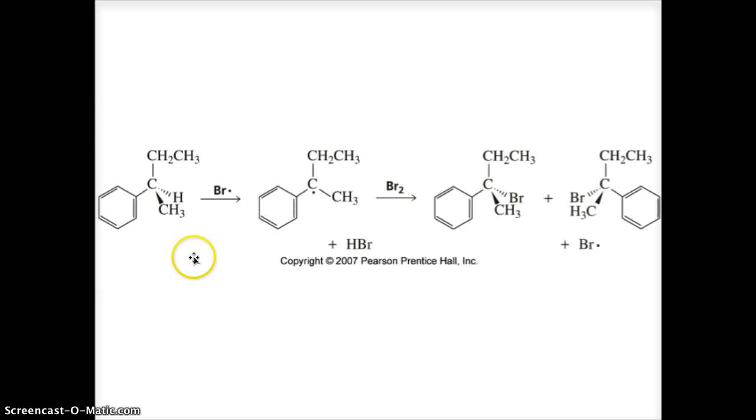We have 2-phenylbutane. This is an asymmetric carbon right there. A hydrogen bonded to an asymmetric center is substituted by a halogen. As you can see, progressing over to the formation of 2-bromo-2-phenylbutane, a pair of enantiomers.